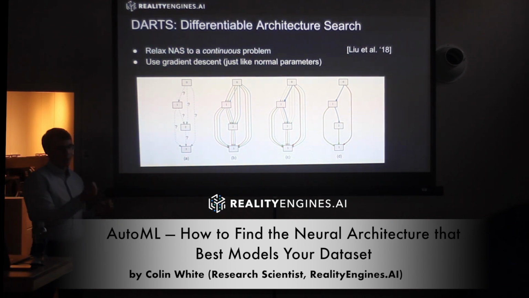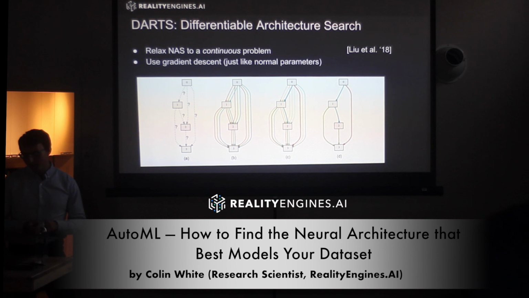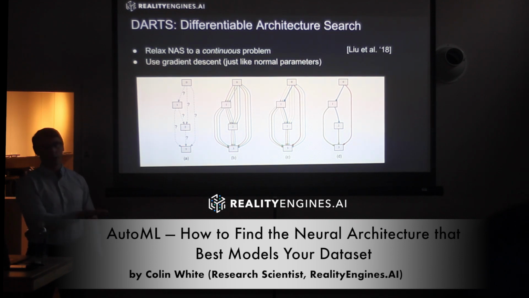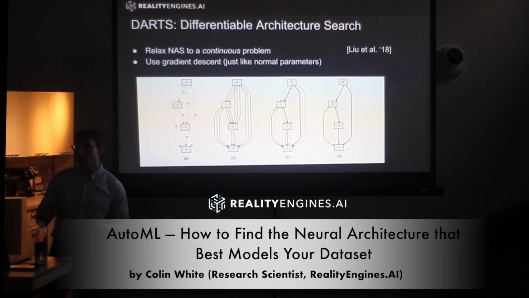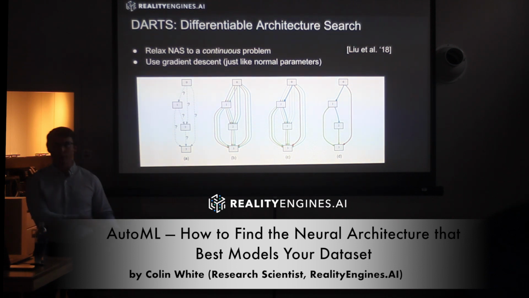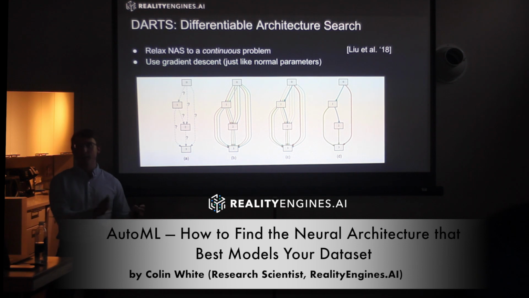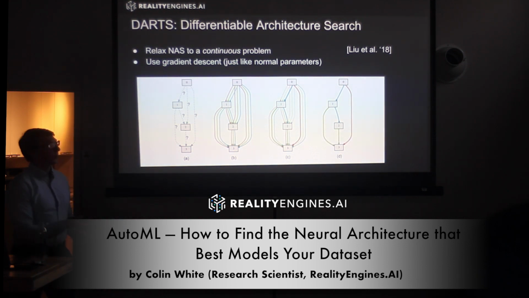So we just put all possible operations there, and we add a weight to all of them. At the start, the weight is 0.33 for all of them. And now that we have a weight, this is actually a continuous number. It can be anything from 0 to 1. So now we can do gradient descent on these weights. So this is exactly what they do.